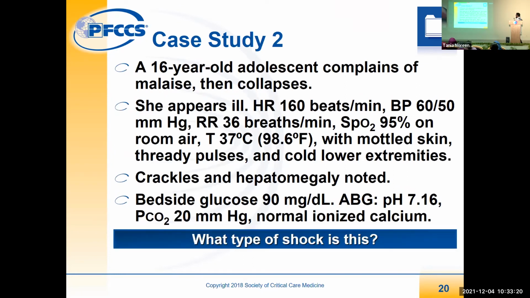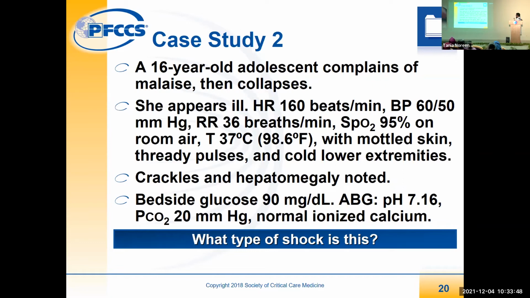So, a 16-year-old adolescent has malaise and then collapses. Looks ill, tachycardic, quite hypotensive, tachypneic, SATs are still maintained, normothermic, mottled skin, steady pulses, and cold lower extremities.